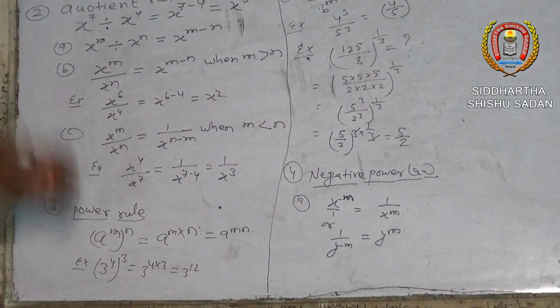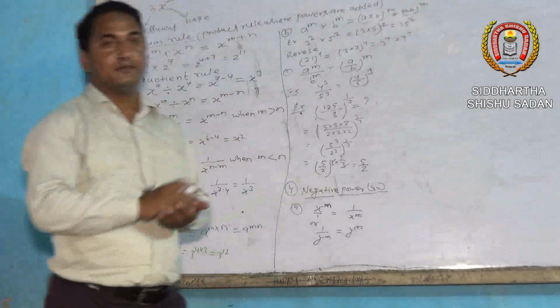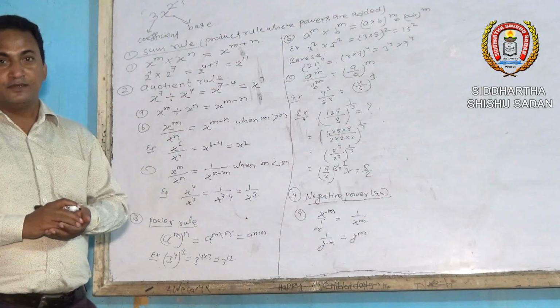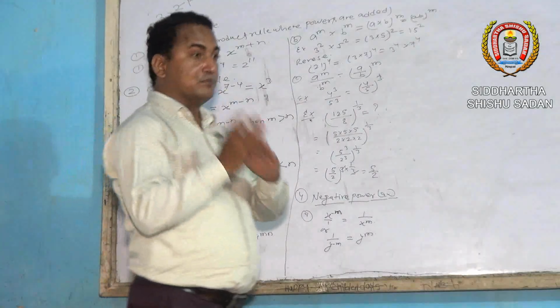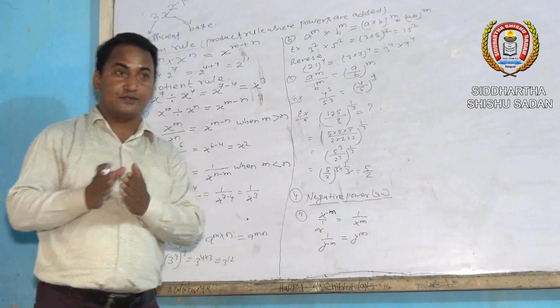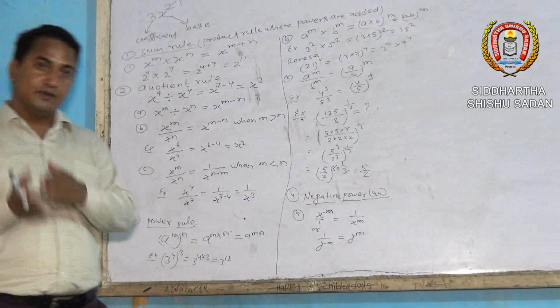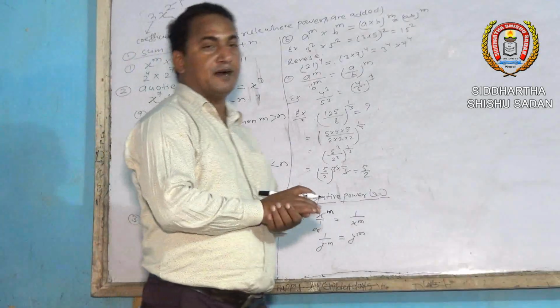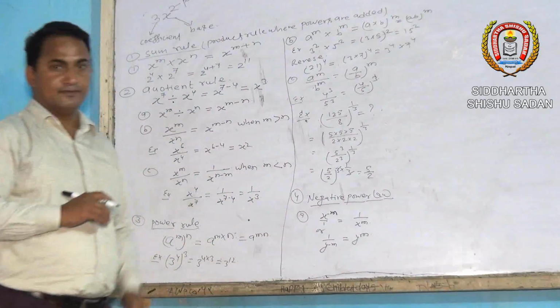It means when we change the place of the base from numerator to denominator or from denominator to numerator, the sign of the power should also be changed. If the sign is negative, it will be changed to positive. If the sign is positive, it will be changed to negative.